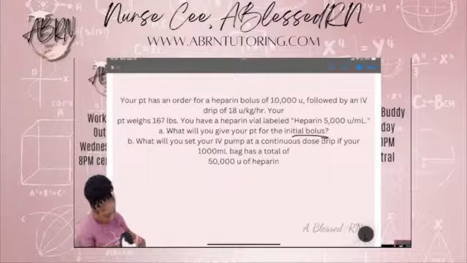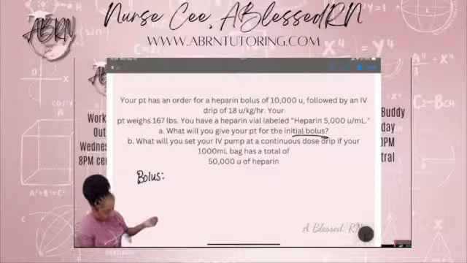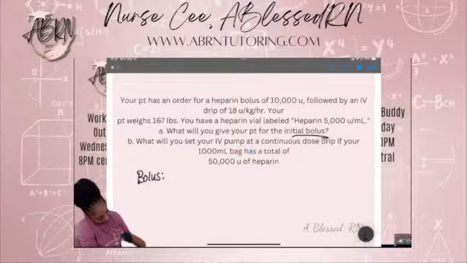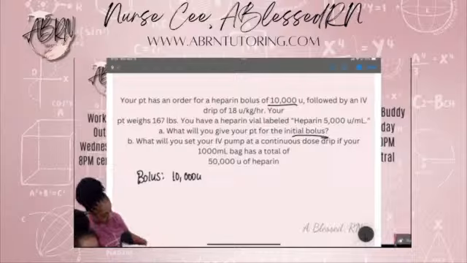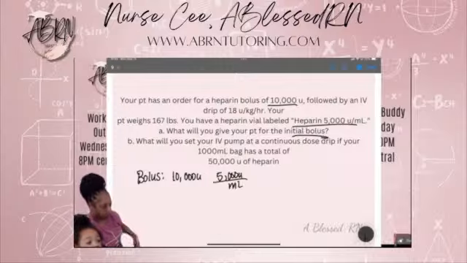So, boom, we're back in action. Thank you, Lord, you heard my cry. All right, so we'll do 10,000 units of bolus, and it says that available is heparin 5,000 units in a milliliter.